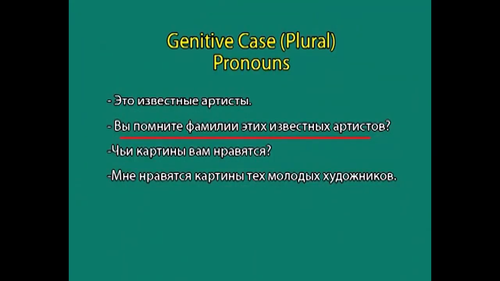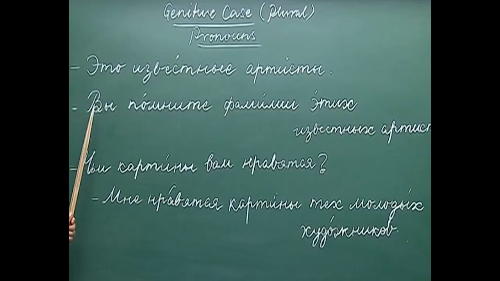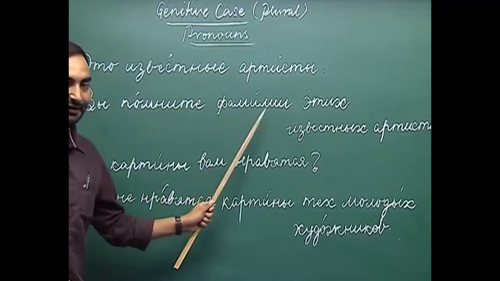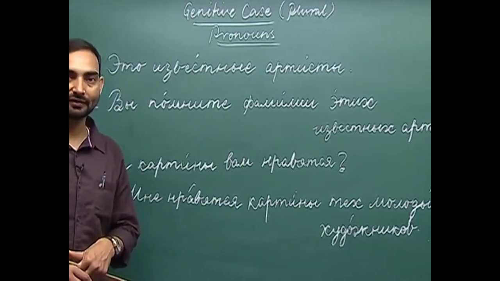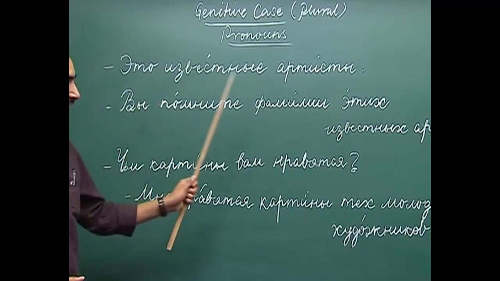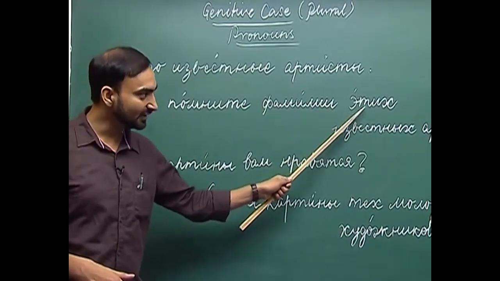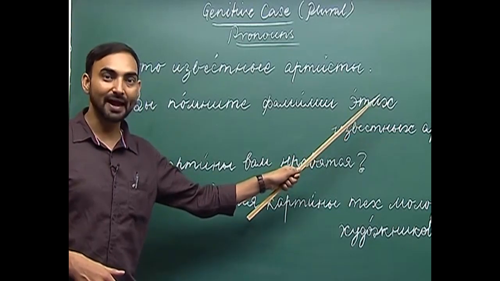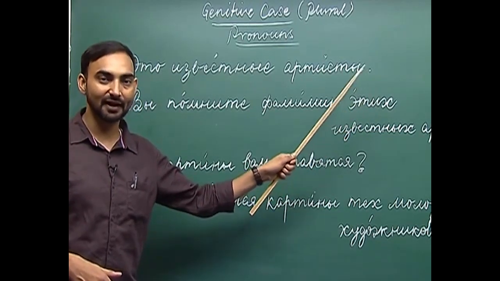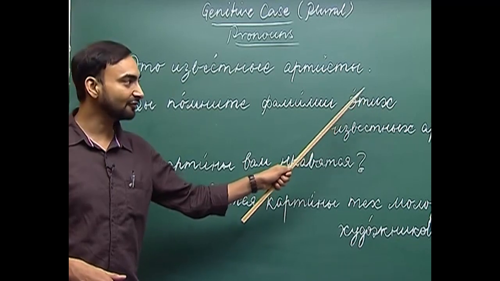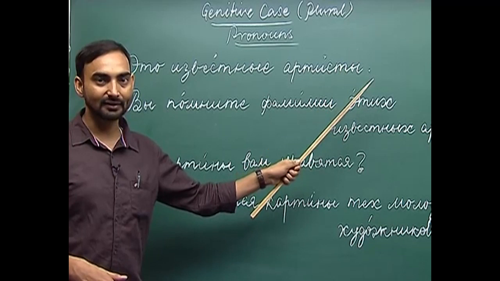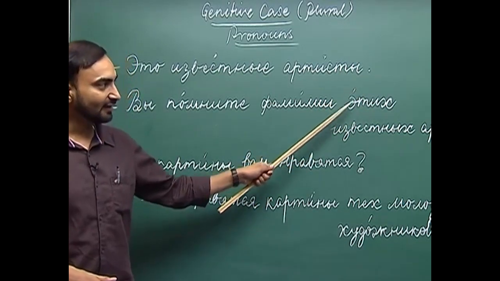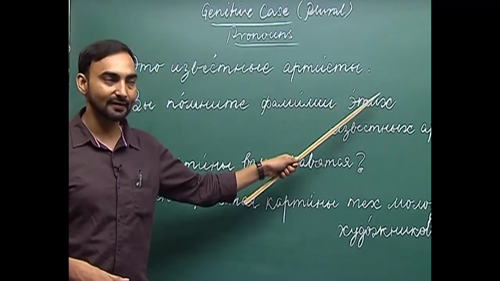Помнить, I hope you remember this verb. Помнить is to remember. Do you remember? Фамилия, we discussed in the previous lesson. Фамилия is surname. Do you remember the surnames of these? Here, этих comes from эти, which is the nominative plural of этот. So, этот, эта, это and эти. So, эти in the genitive case changes to этих.